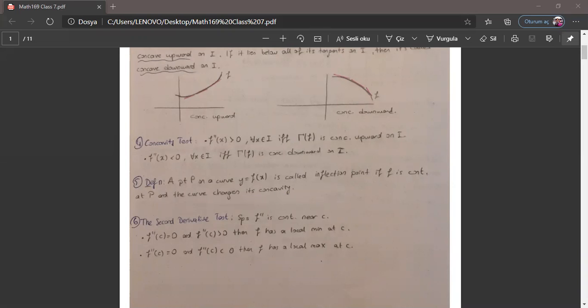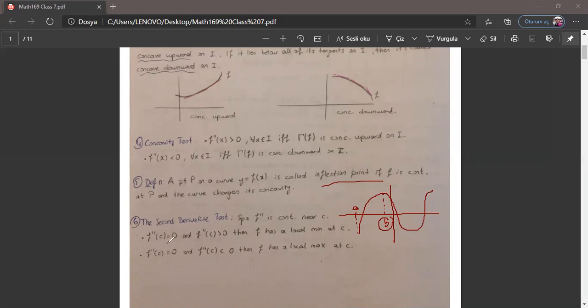For example, if we have again this graph, we see that this graph is concave downward here from this point, for example A, until here B, and after this point B, it changed its concavity. So this B is called an inflection point of the function.